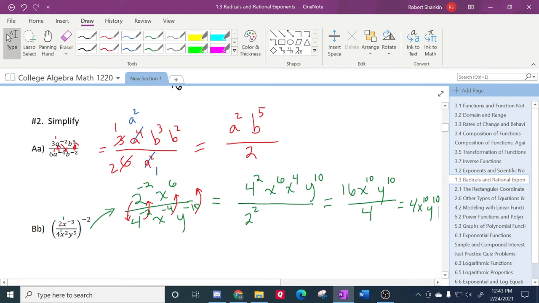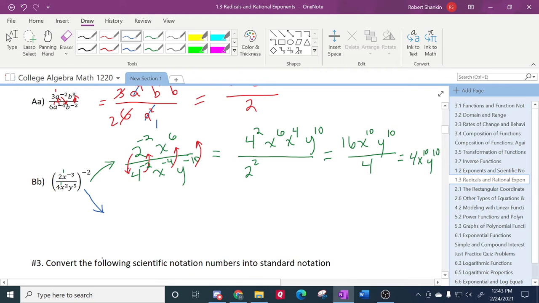Okay. Now, here's another way that this could have been done. And there's lots of different ways you could have done this. But when you raise something to a negative power, what does it do? It flips over.